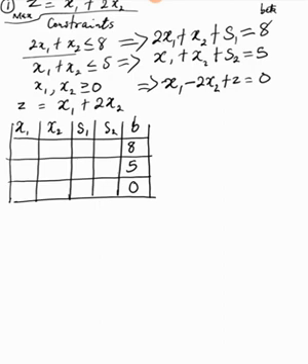We have the coefficient of x sub 1 here to be 2, the coefficient of s sub 1 in the second equation to be 1, the coefficient of x sub 1 in the third equation here to be negative 1. Then the same thing we have the coefficient here to be 1, the coefficient here to be 1, 0.